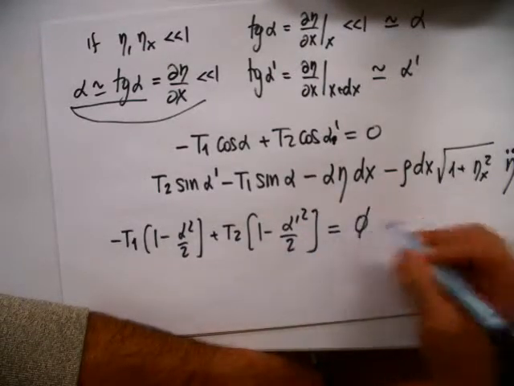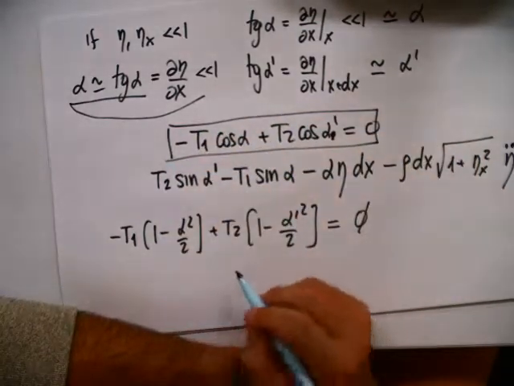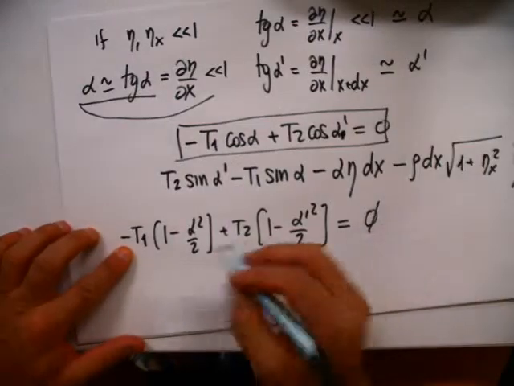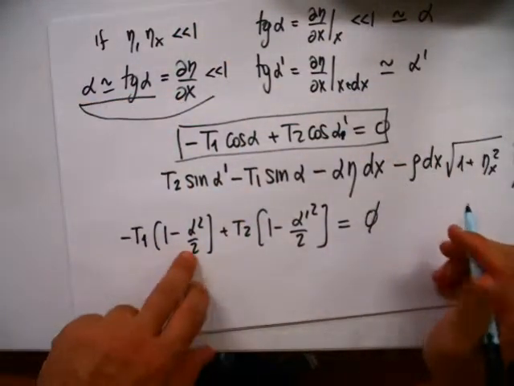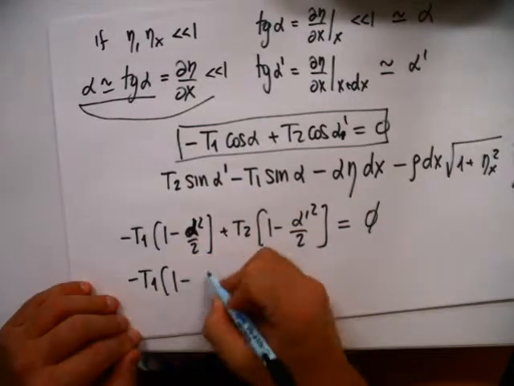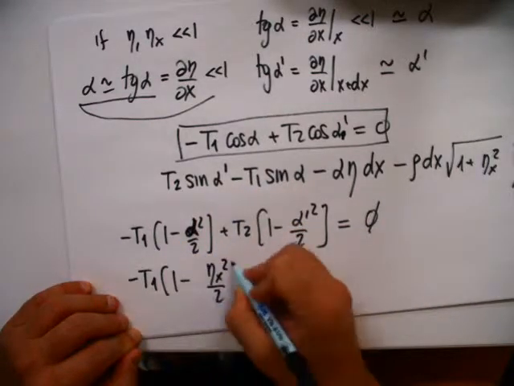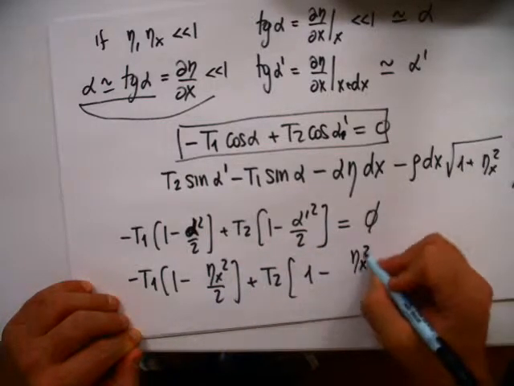So let's work out this expression first. Now alpha is basically the slope, so this is minus T1 times 1 minus eta x squared divided by 2 plus T2 times 1 minus eta x squared divided by 2, computed at x plus dx.